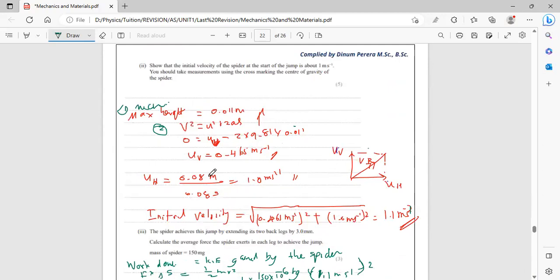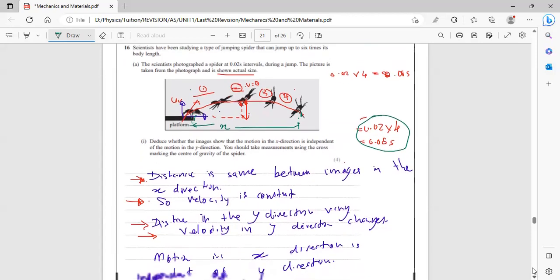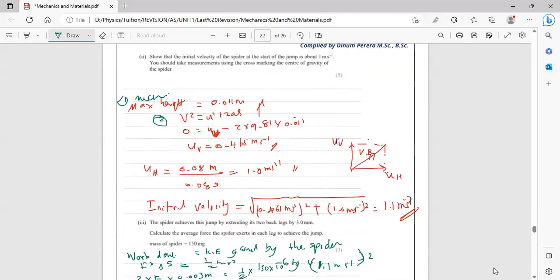So that's 0.08 meters. And to reach that point, it has taken 0.08 seconds, right? Because there are 1, 2, 3, 4 gaps. 0.08 divided by 0.08, so it will be 1 meter per second.